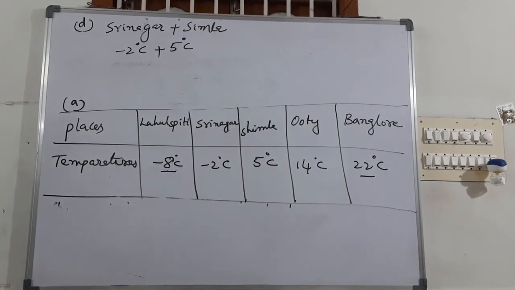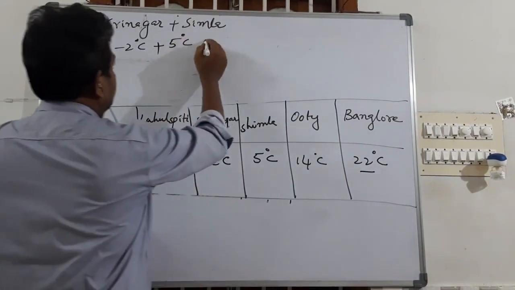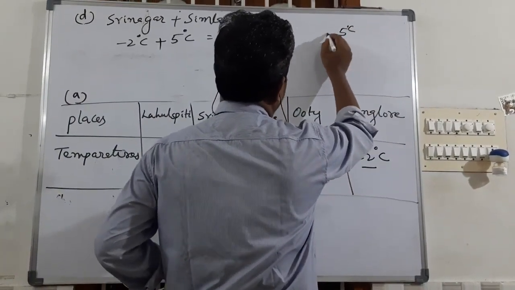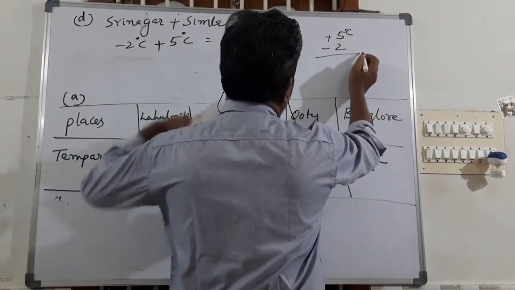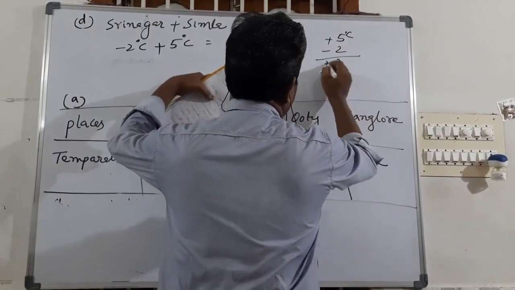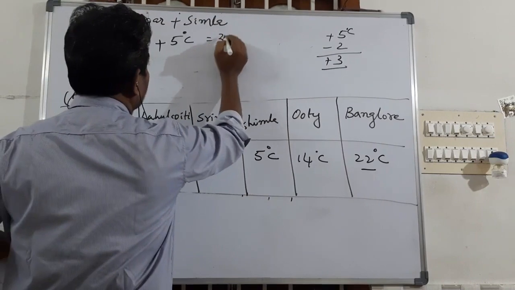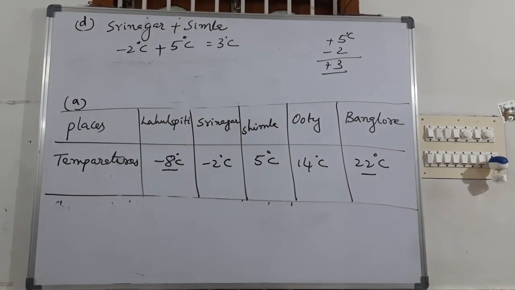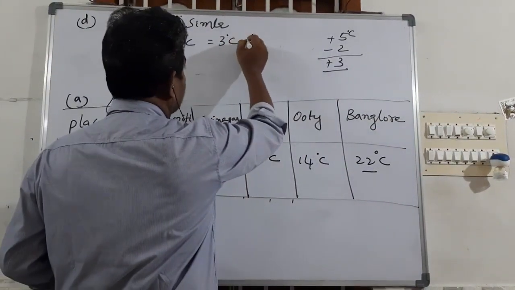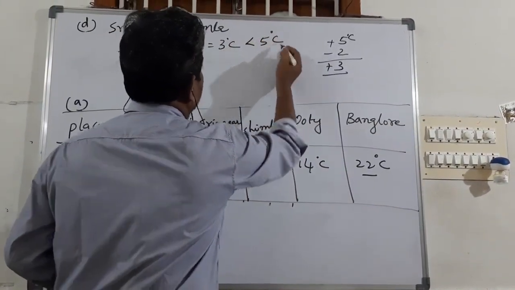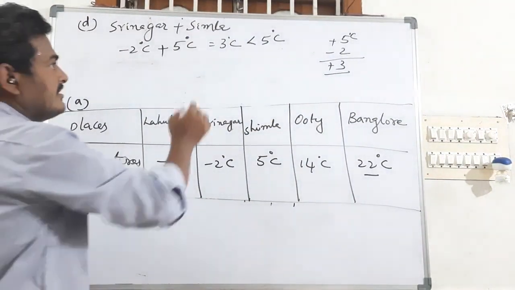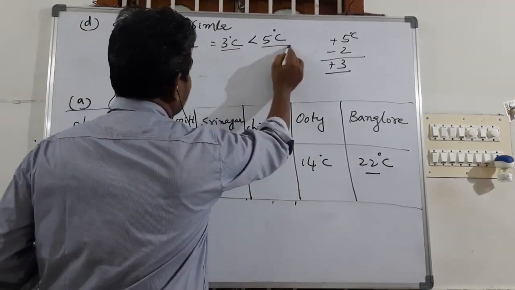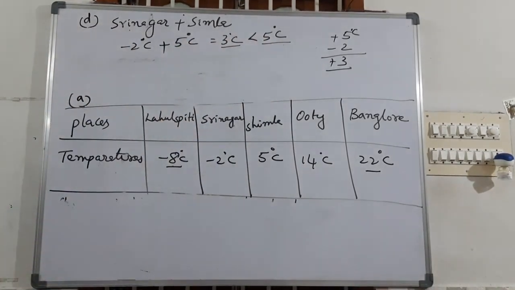So 5 degrees Celsius plus 5 minus 2. 5 minus 2 is 3, that means plus 3, equal to 3 degrees Celsius. So it is less than 5 degrees. Now how can we say it is less than 5 degrees? The sum of Srinagar and Shimla is less than Shimla's temperature.